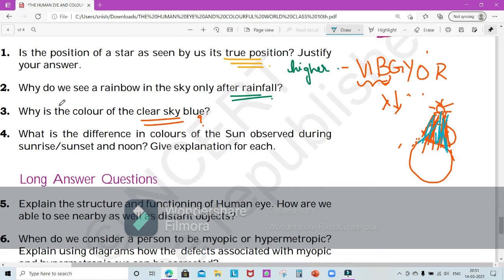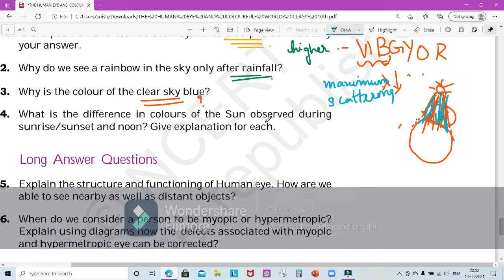That's the reason why the color of the clear sky is blue. It undergoes maximum scattering, so due to maximum scattering, we are able to see that color.